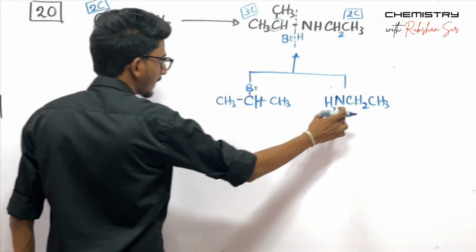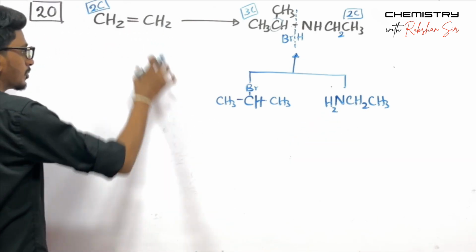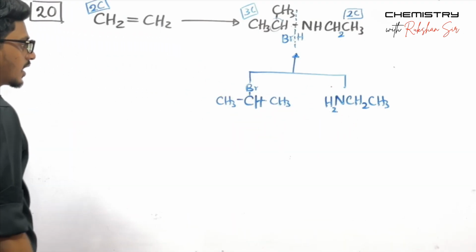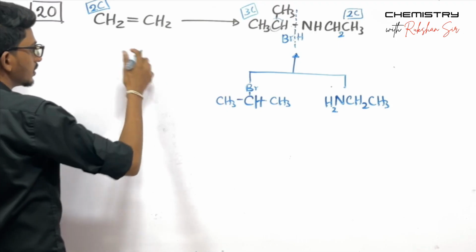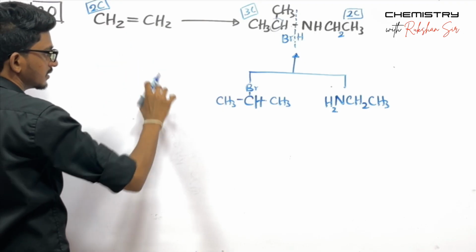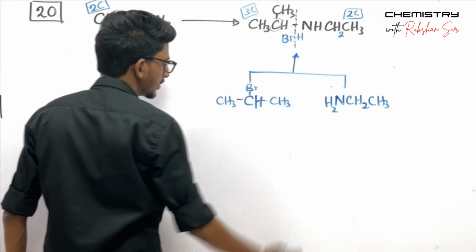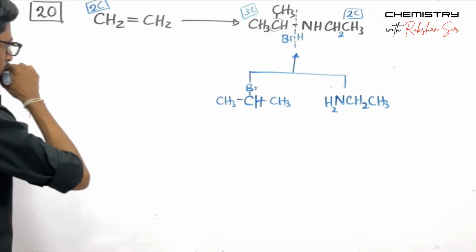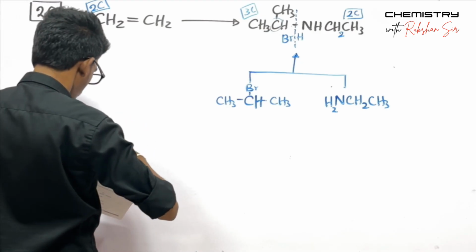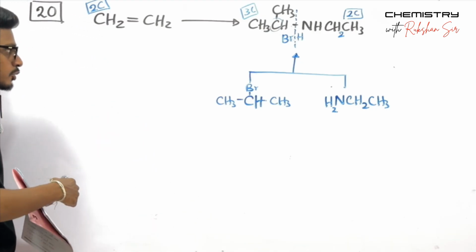So starting from a 2-carbon compound, you are supposed to come up with a 2-carbon compound. It is not hard stuff, right? This is a kind of NH2 thing. NH2 can be formed by using the relationship between Br, NH2 and OH.